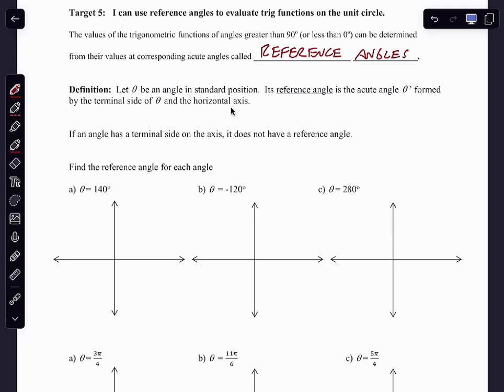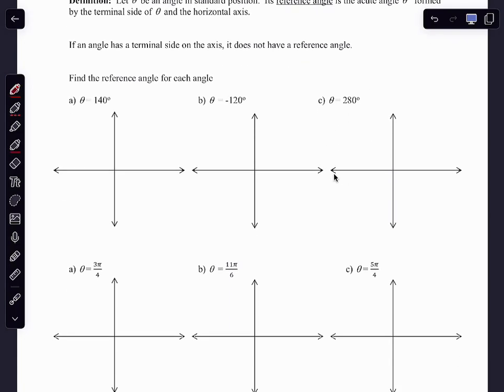This means the x-axis. So that is actually the most important thing. When you're doing reference angles, it's the amount of turn. It's always positive towards the x-axis, the shortest path to the x-axis. And we'll do a bunch of examples. If an angle has a terminal side on the axes, so like 180 degrees, it does not have a reference angle. Okay, so it says find the reference angle for each angle.